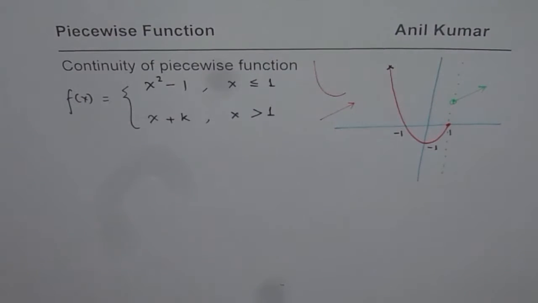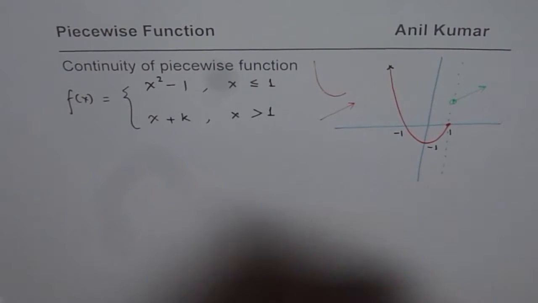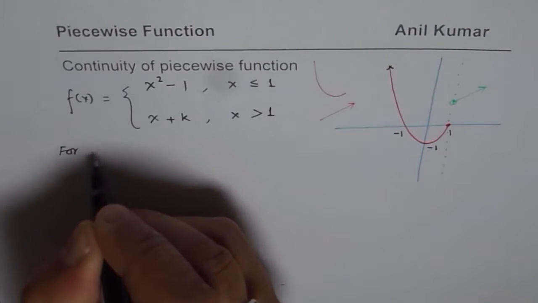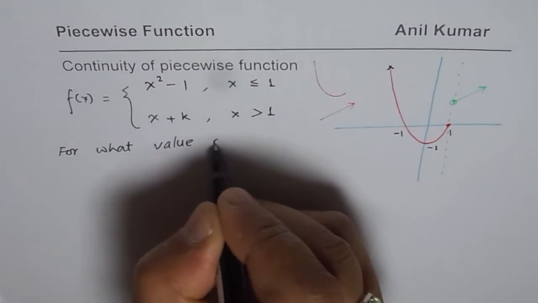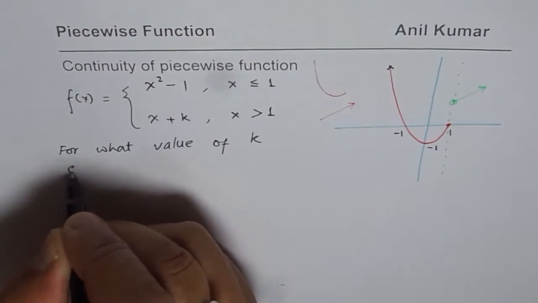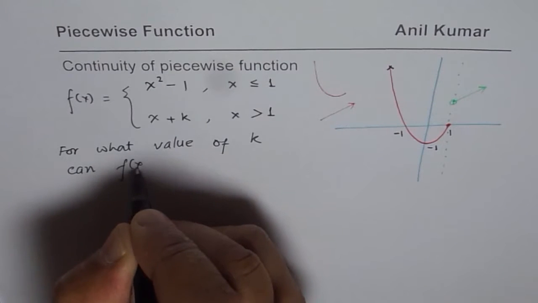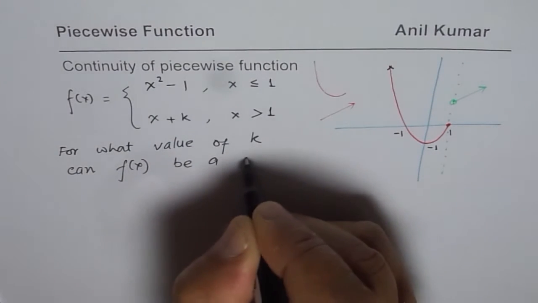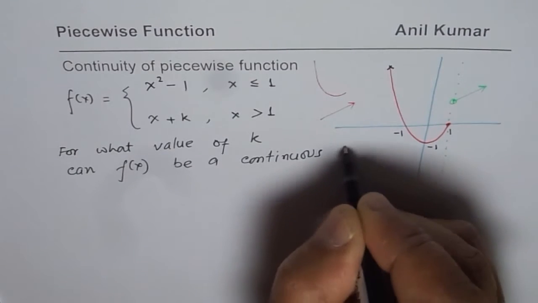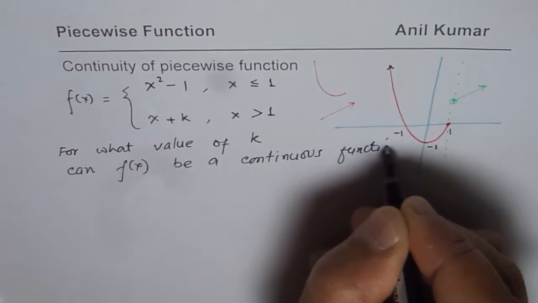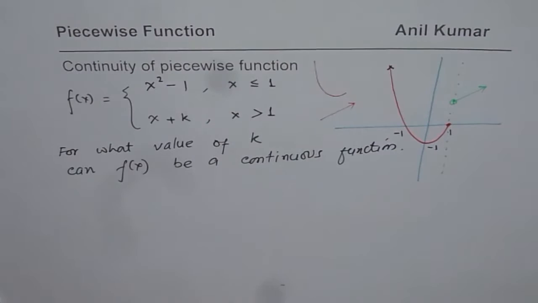So the question for you is, for what value of k can f of x be a continuous function? So that is the question which you need to work on, right? So for what value of k can the given piecewise function be continuous?